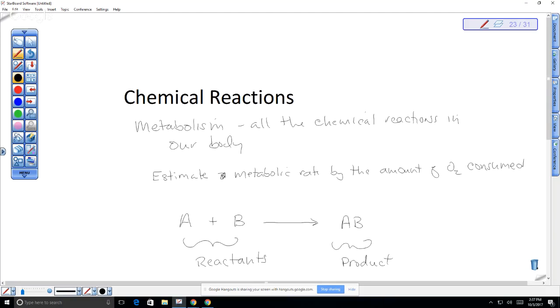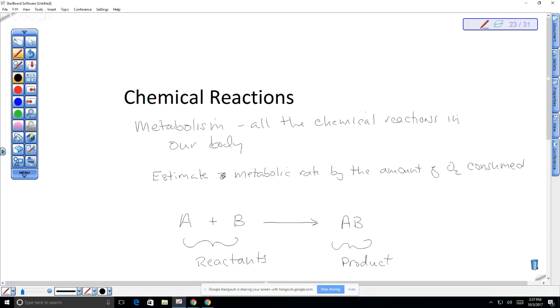Is this a chemical reaction? Is this catabolic or anabolic? Anabolic, right? So it could be like A and B are amino acids, right? And I put them together to make a polypeptide or a little connection between the amino acids, right? So that would be an example of an anabolic chemical reaction.